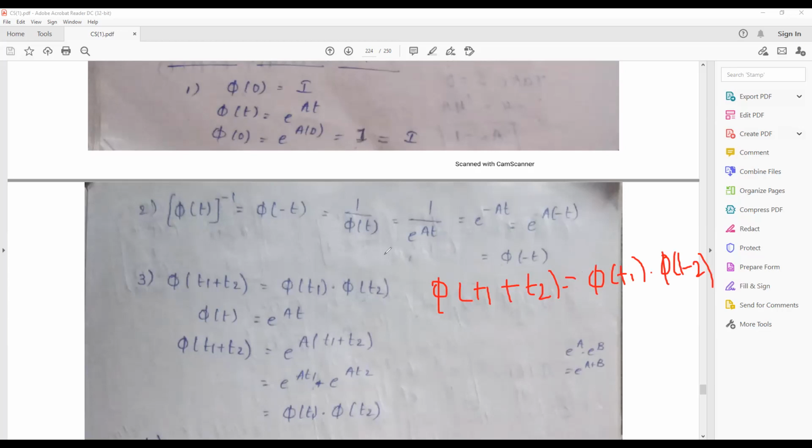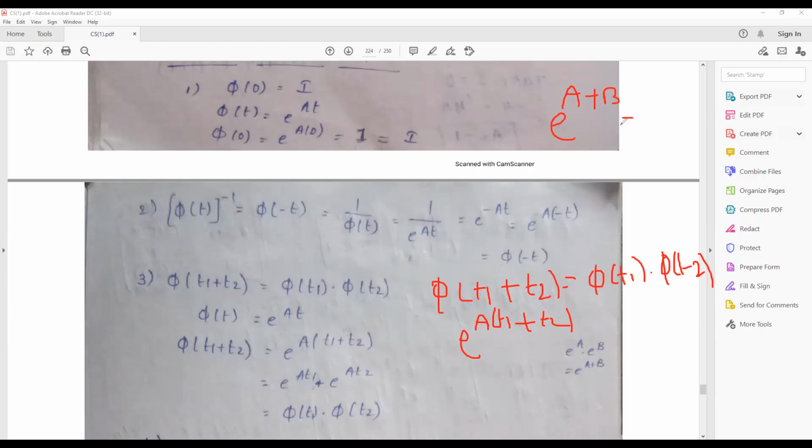In phi of t1 plus t2, we replace t with t1 plus t2. This is in the form of e power a plus b.